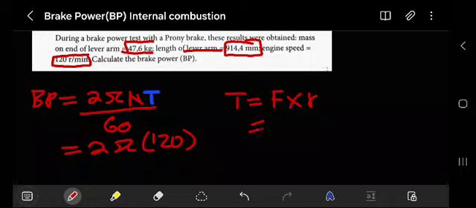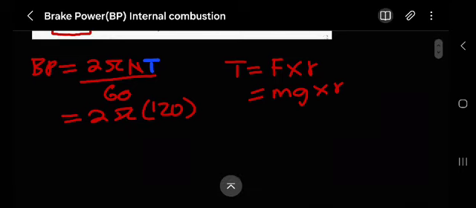So the force: we've been given the mass there at the end, but we know the force is mg, multiplied by r, whereby r is the lever arm. Torque is that.